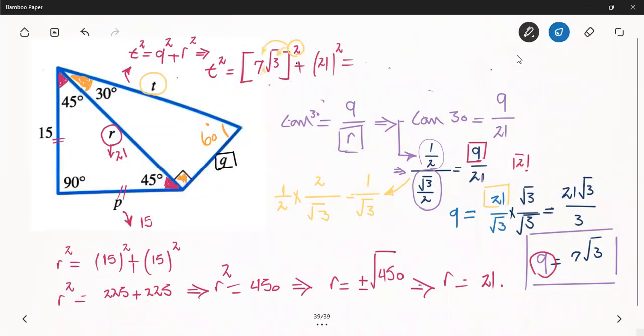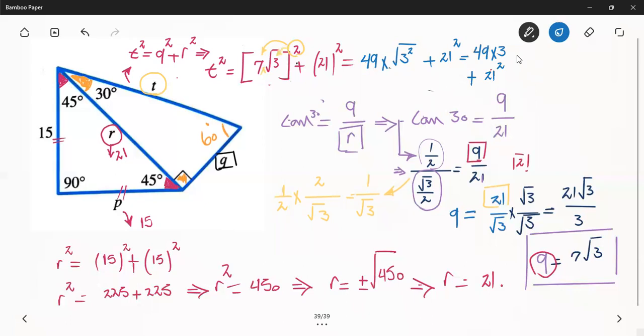It becomes 49, multiplies into square root of 3 to the power 2, which is 9, square root becomes 3, plus 21 to the power 2. It's simplified as 49 times 3 plus 21 squared.